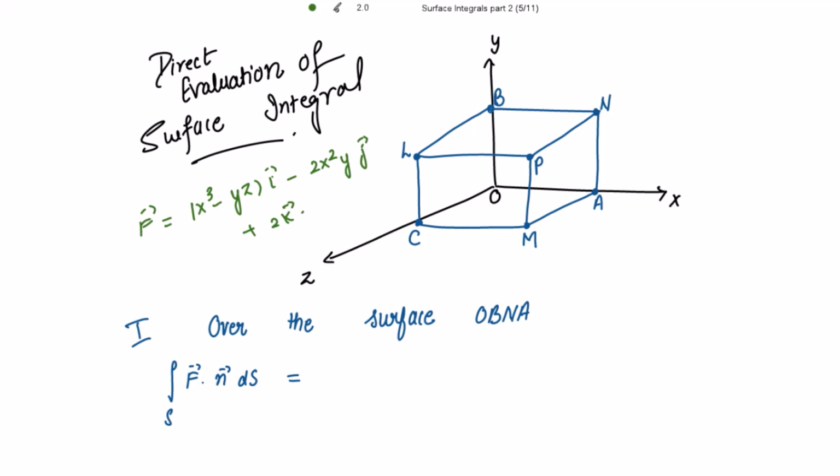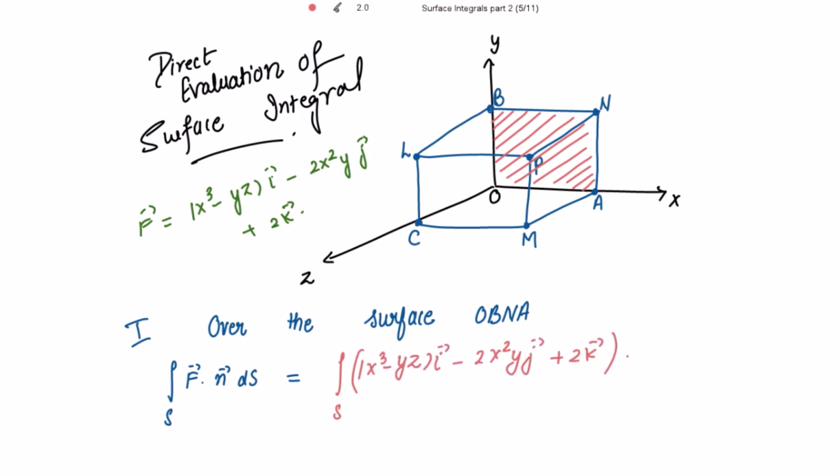So we are going to evaluate the surface integral over these 6 faces. So let's first calculate the surface integral over this face, that is OBNA, right? So this is the surface integral, writing F vector and its dot product with N vector. N vector is the unit outward drawn normal to the surface, this one.